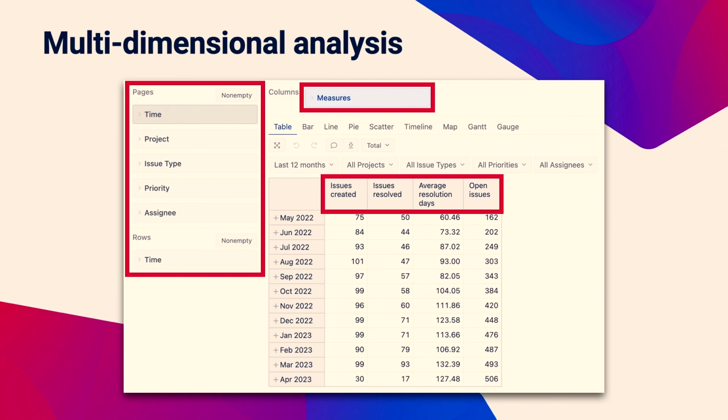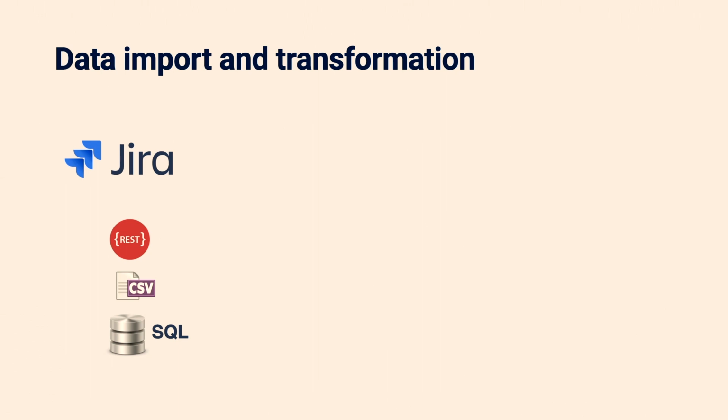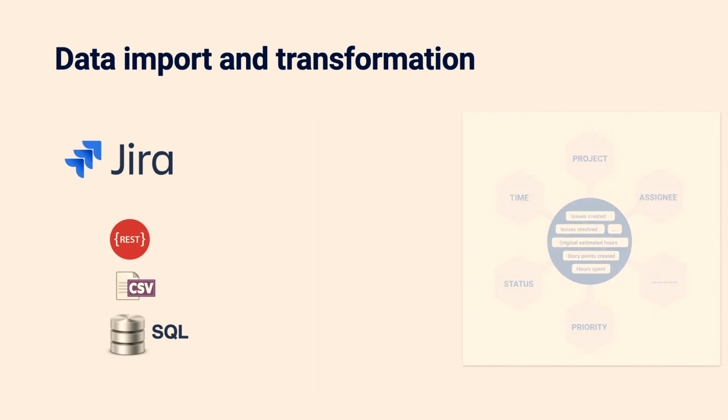To enable this multidimensional data analysis, we need to transform the source data into a data model that is more appropriate for such analysis. For that purpose, we have this data import and transformation step, which takes the data from the source, like from Jira or from some other custom data sources, and transforms it into the multidimensional eazyBI model with the measures and dimensions that you want to analyze.